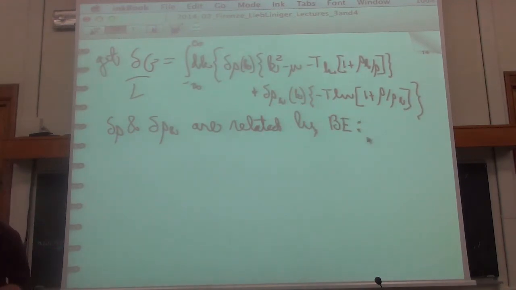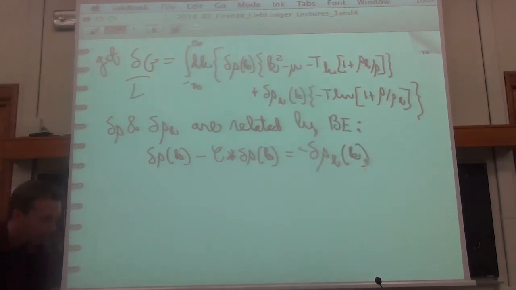If you look at your beta equations in the continuum, thermodynamic formulation, you'll find that delta rho of k minus c star delta rho of k is equal to minus delta rho whole of k. The idea here is that we've done the saddle point evaluation in an extended space where both rho and rho whole are free to vary, but we thereafter take the slice where these variations are linked to each other. So we get to the same saddle point.